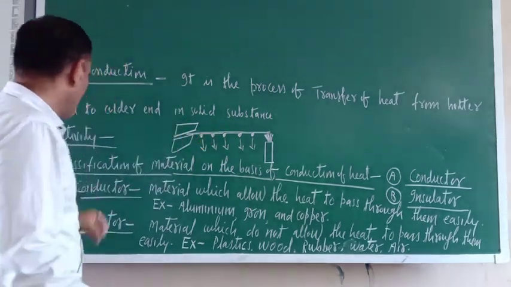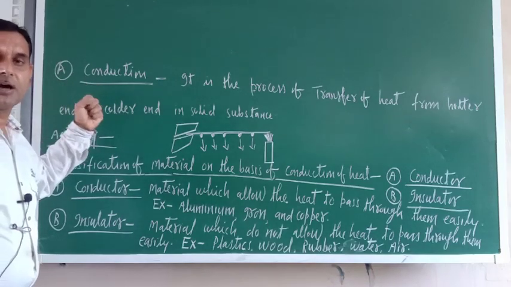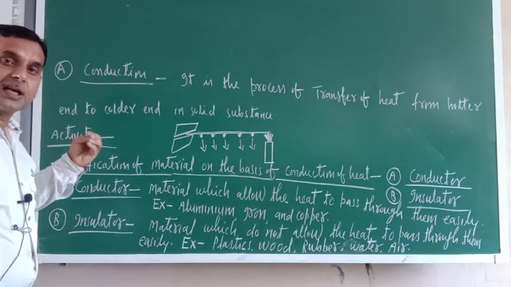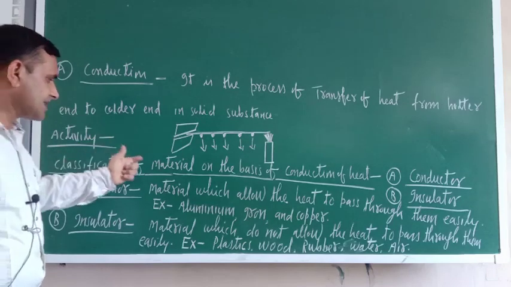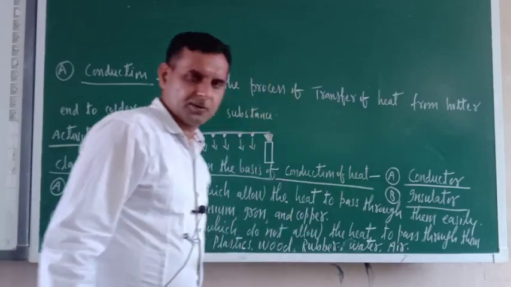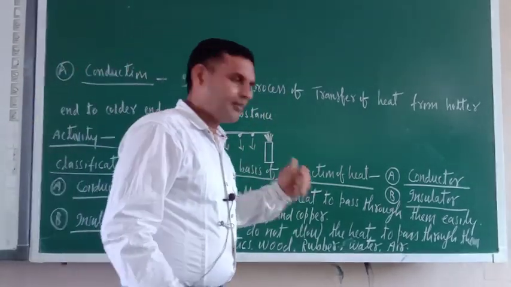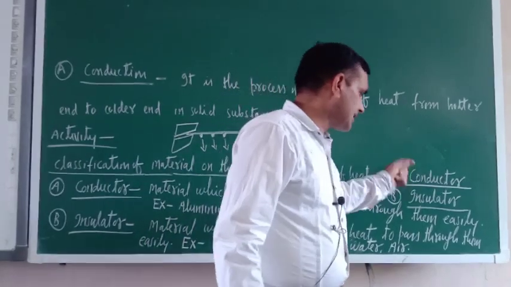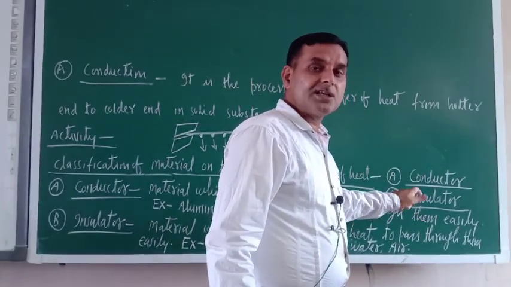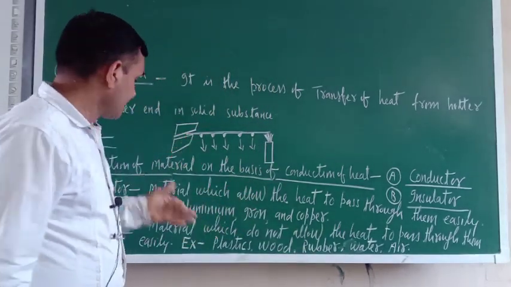Now, on the basis of conduction of heat in solids, materials are of two types. This is the classification of materials on the basis of conduction of heat. Number one, conductors; second, insulators.